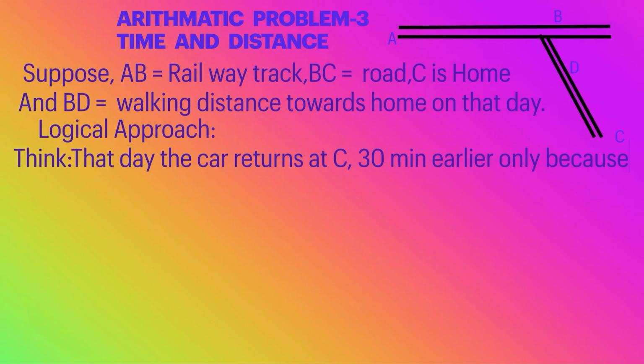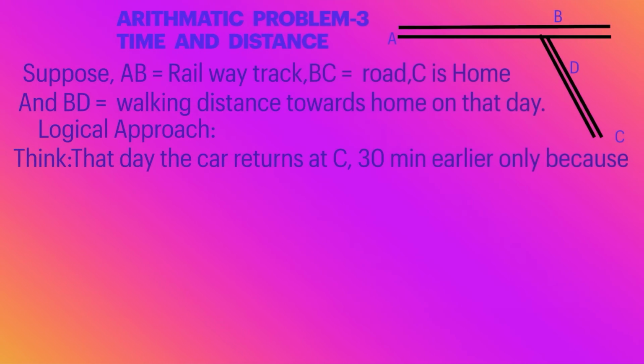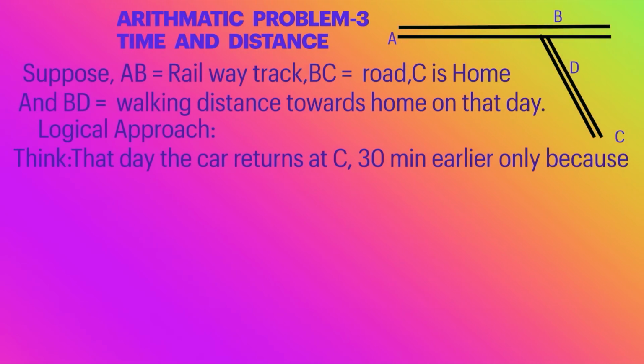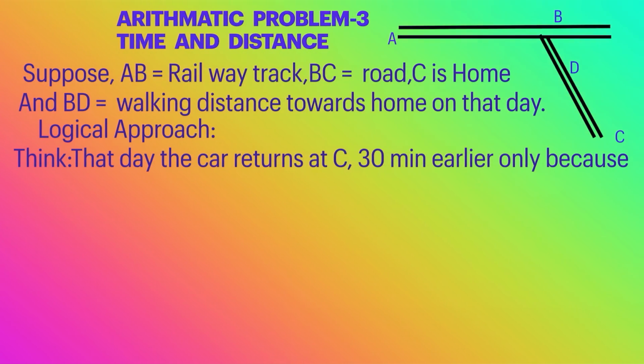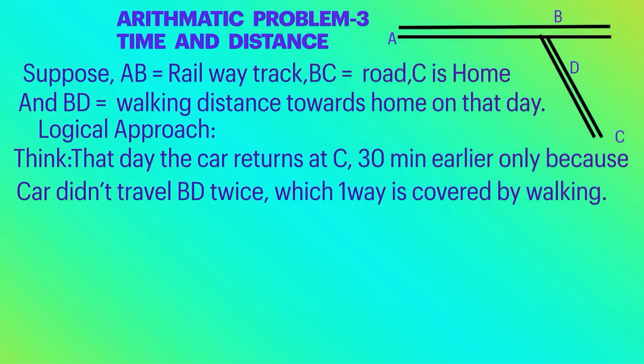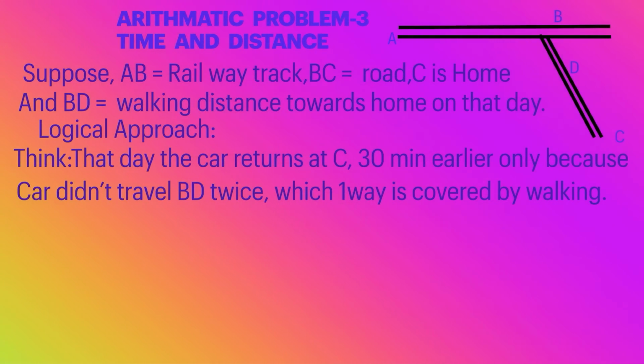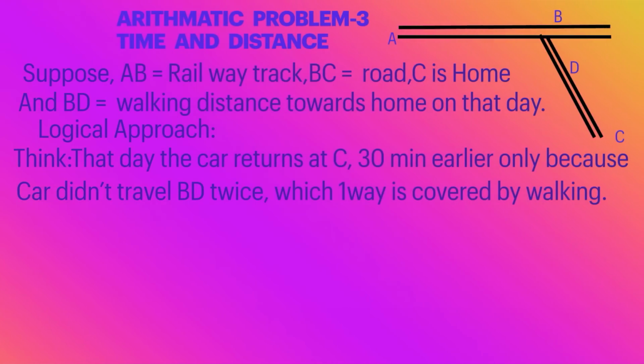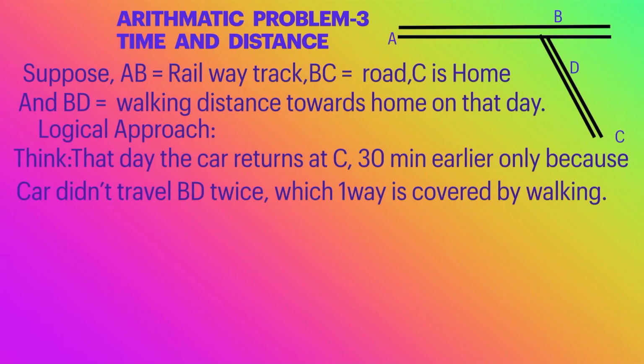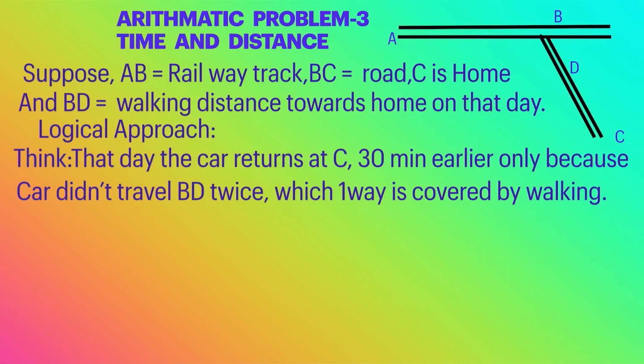Now think, that day, the special day, the exceptional day, the car returns at C 30 minutes earlier only because the car didn't travel BD twice, that means D to B and B to D, which normally the car has to travel, but on the exceptional day, the car hadn't traveled this road, that is D to B and B to D, which one way is covered by walking.